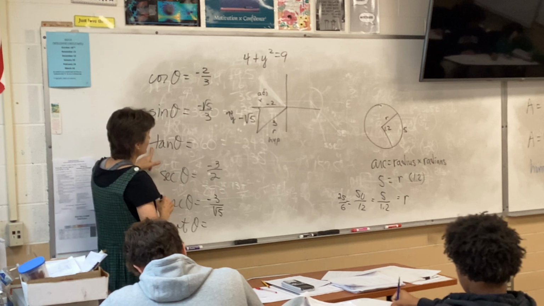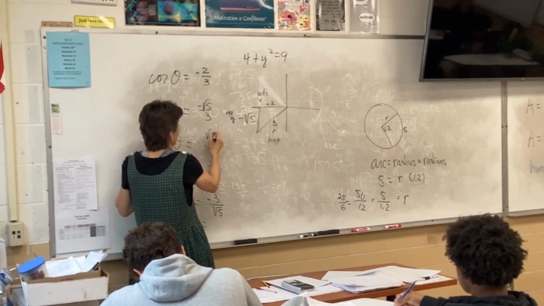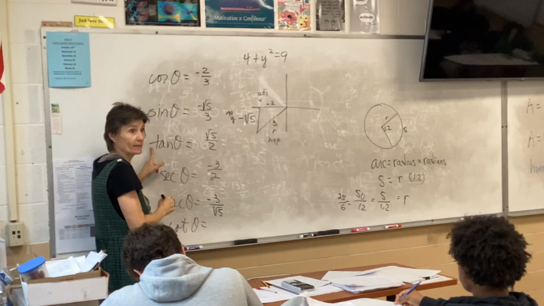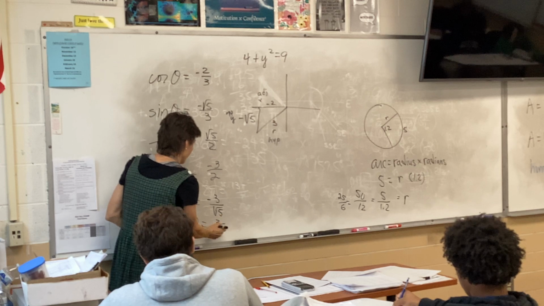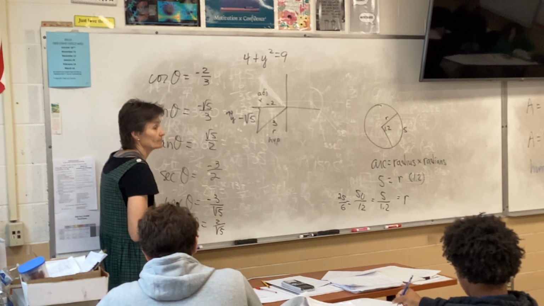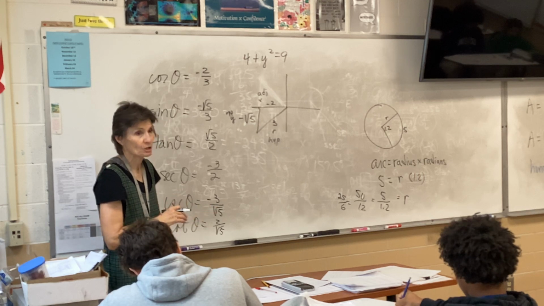What's my tangent? Negative root 5 over negative 2. Actually, root 5 over 2, because the negatives will cancel. So your cotangent is 2 over root 5. Anybody have a question about that?